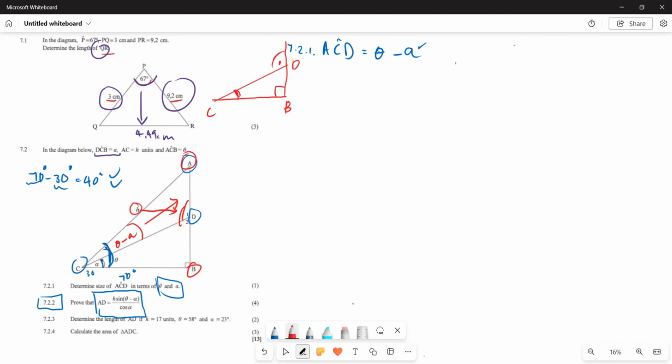Because according to our exterior angle rule, it states that the exterior angle of your triangle is equal to the sum of the interior opposite angles.